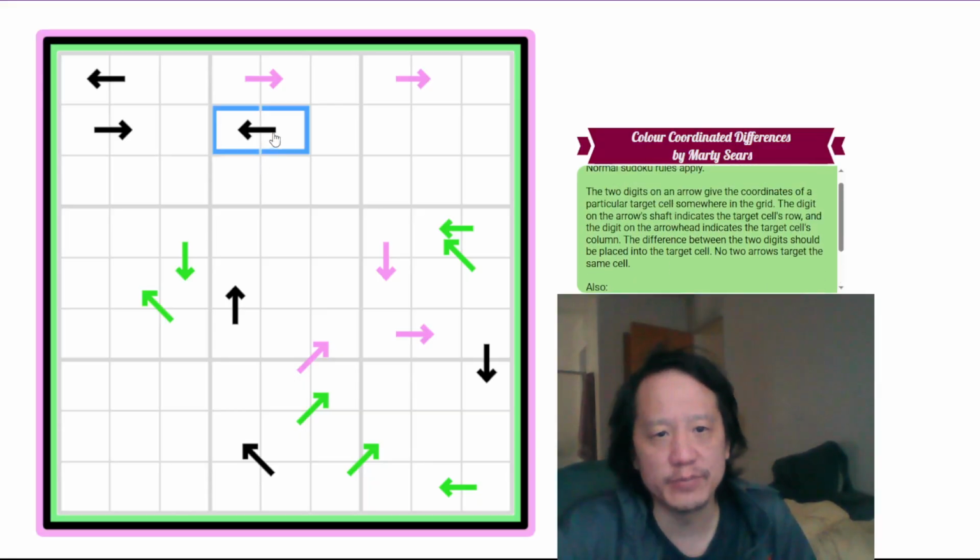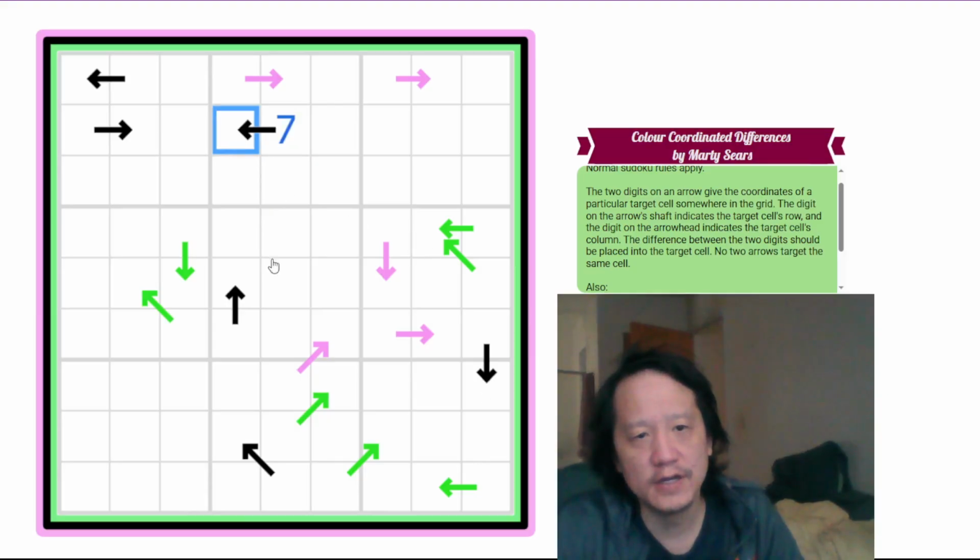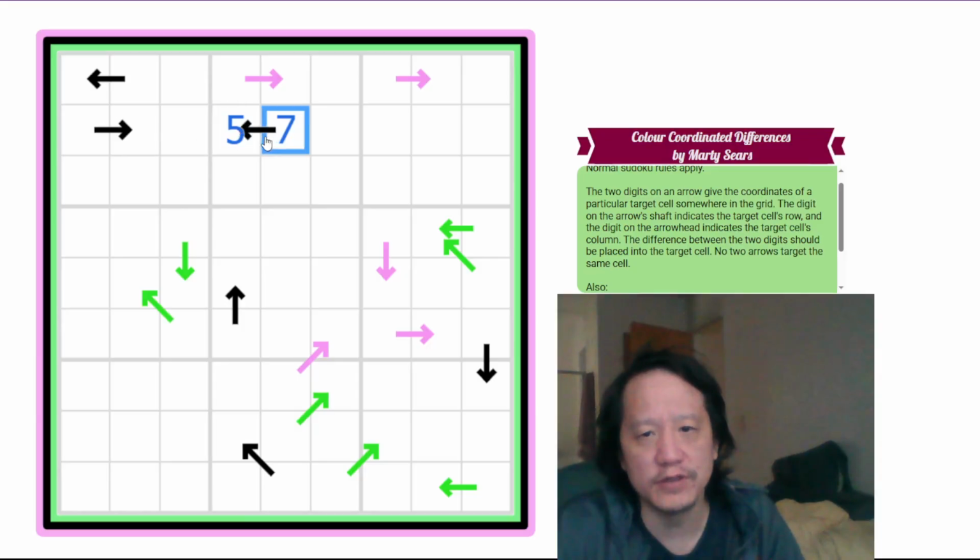So for example, if this was to be 7 and 5, that means this would be the row of the target cell, which would be 7, and this would be the column of the target cell, which would be 5. So this would be the target cell, and it would have to contain the difference between the 2 digits, which would be 2.